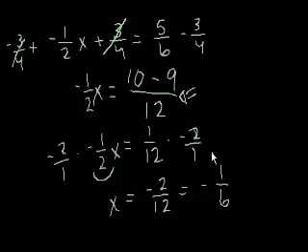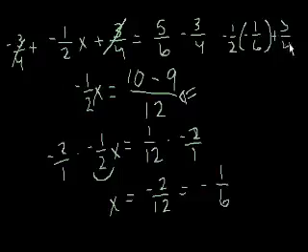Okay, so let's try to remember that: minus 1 over 6. And so the original problem was minus 1/2 x, so here we can substitute the minus 1 over 6, plus 3/4. I just wrote only the left-hand side of the original problem. So minus 1/2 times minus 1/6, well, that's positive 1 over 12 plus 3/4.